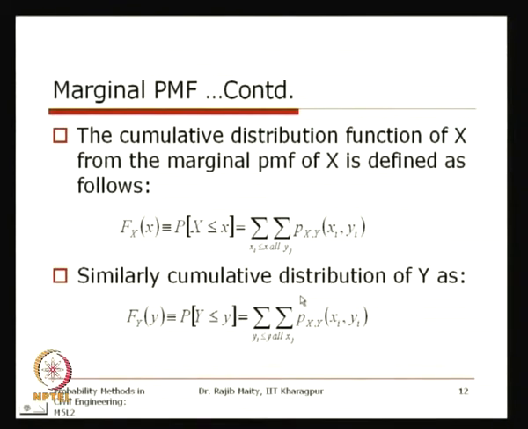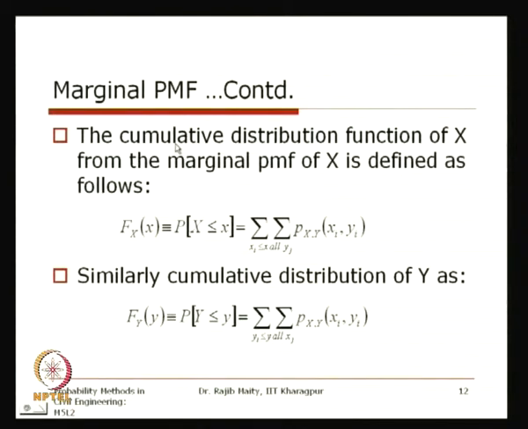So before that, let's take the cumulative one. Those are the PMFs of x and y. Now for x and y, the individual random variables with those marginals, if we want to know the cumulative distribution function, we follow the same thing that we discussed for the single random variable.